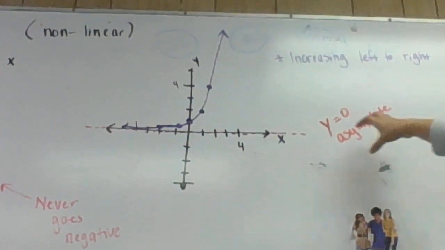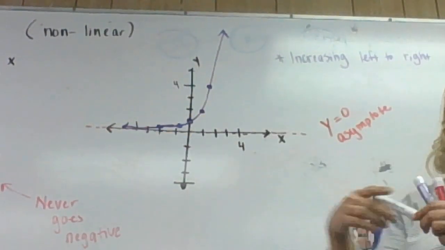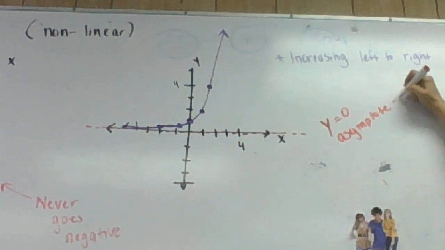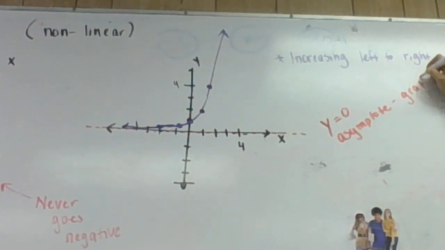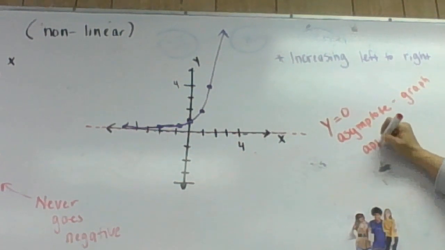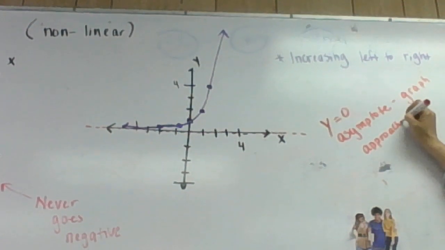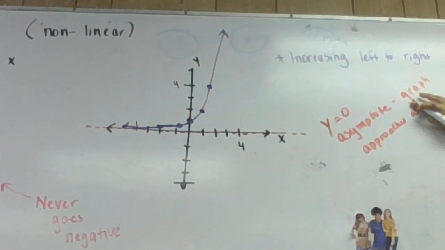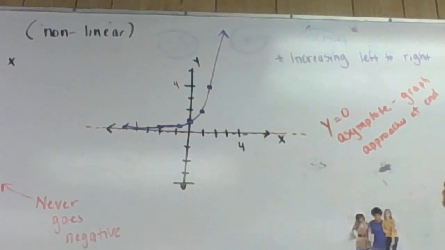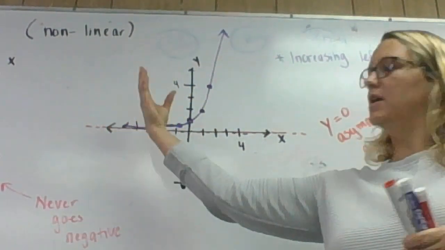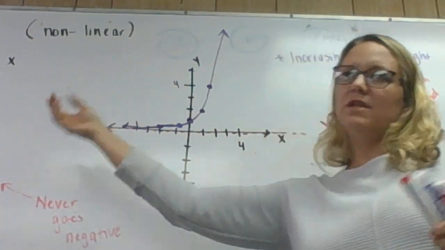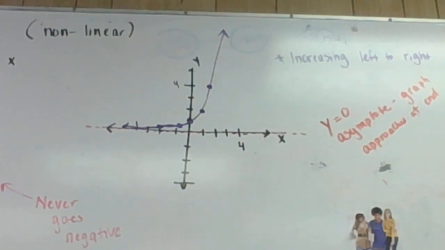An asymptote is a line that a graph will approach at the end but never cross. Towards the end on the left side of the x-axis, the purple arrow gets really close to the asymptote, but it never touches or crosses. Which is kind of weird.